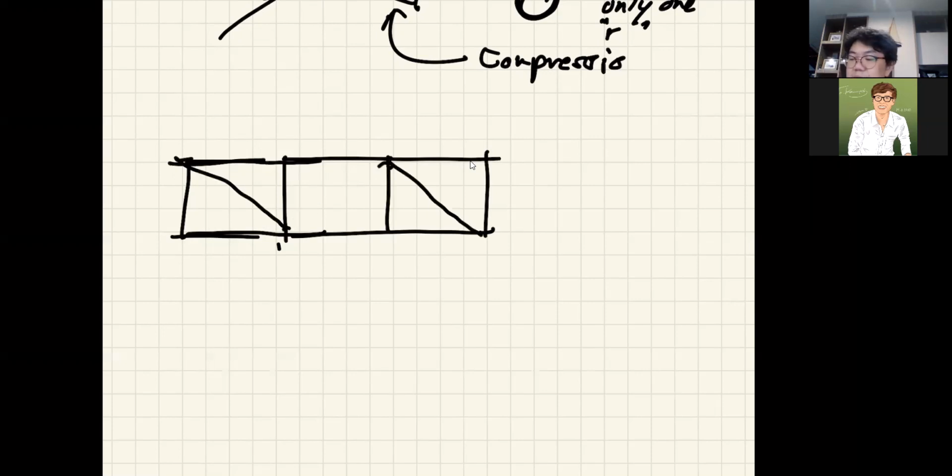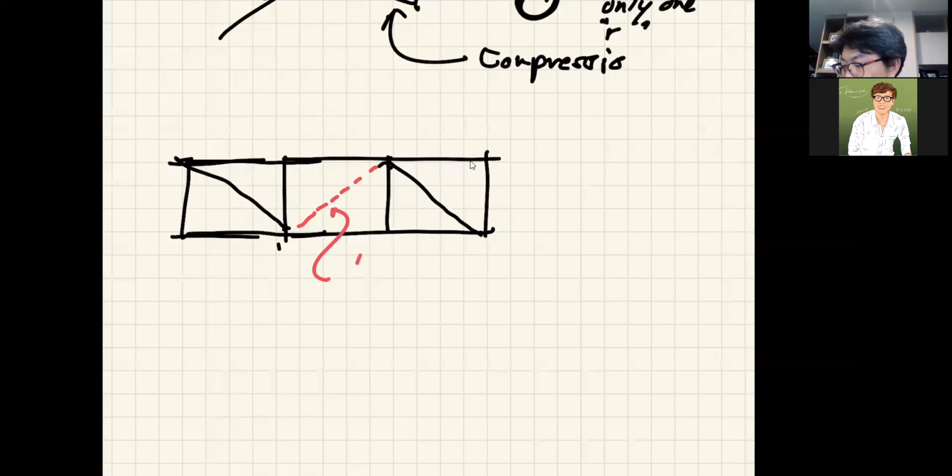this panel becomes a problem because first and foremost, if you stick to your elementary assumption about the truss, you will see that the typical assumption doesn't allow this because this truss becomes unstable.